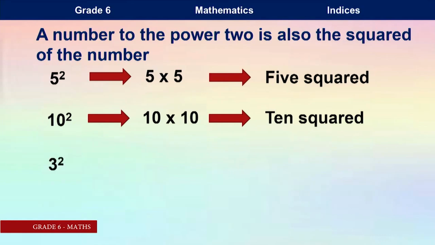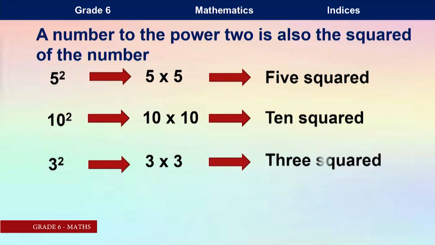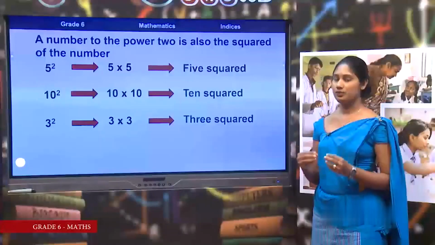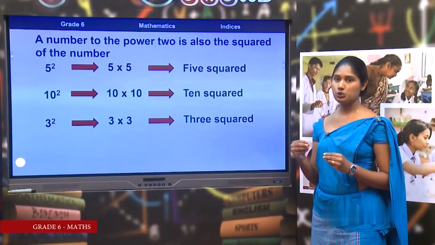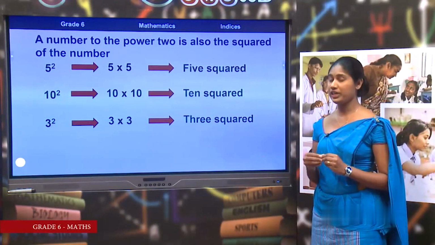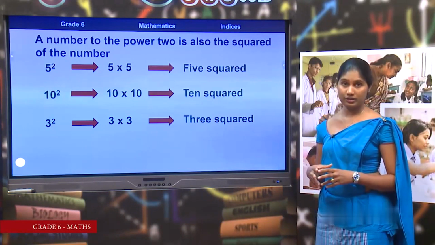Then this is 3 to the power 2, and after expanding this, we can write 3 multiplied by 3, and another name is 3 squared. We use the word squared when the index is 2.